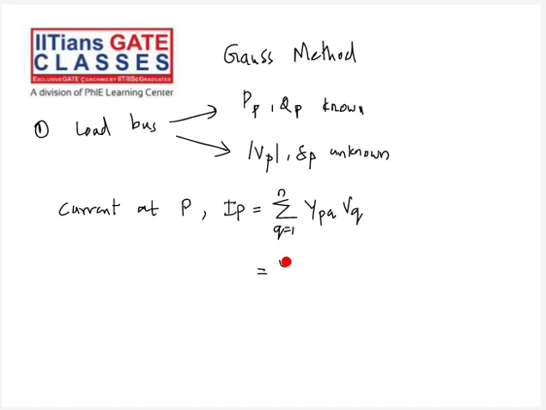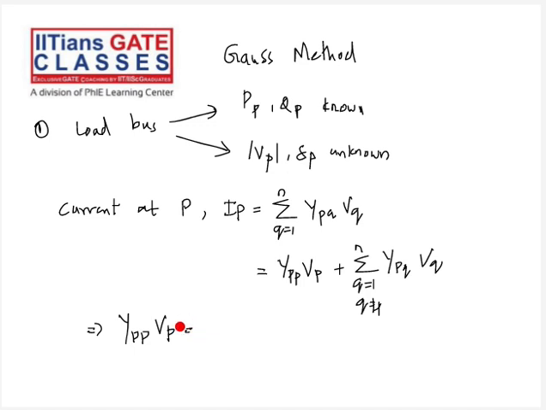So I can just write this as YPP VP plus sigma Q equal to 1 to N, Q not equal to P, YPQ VQ. Rearranging this, YPP VP is IP minus sigma Q equal to 1 to N, Q not equal to P, YPQ VQ, right?